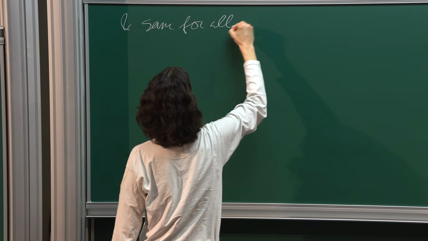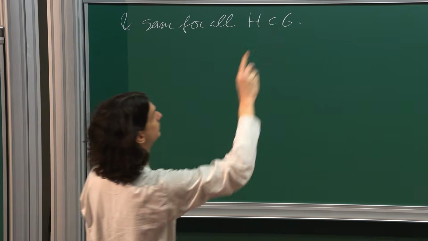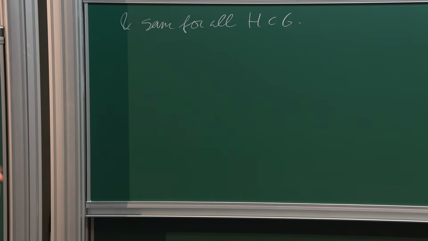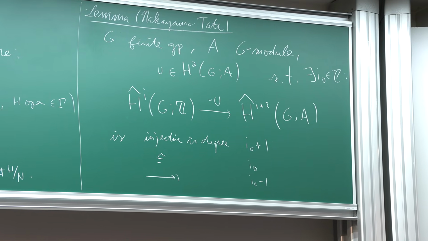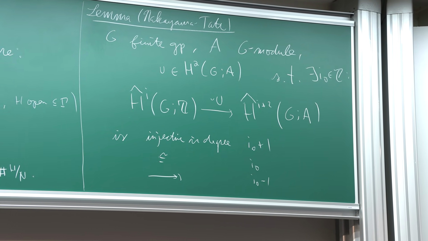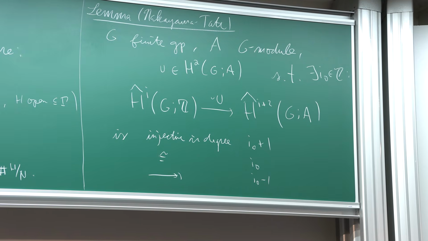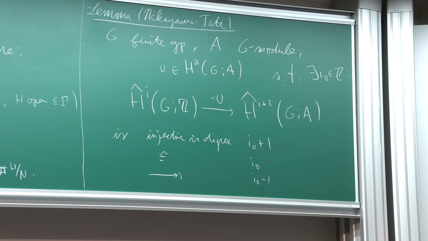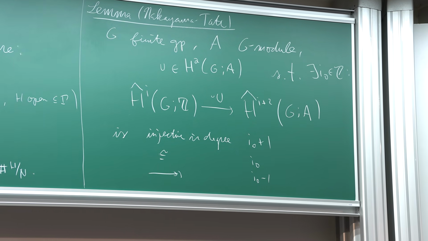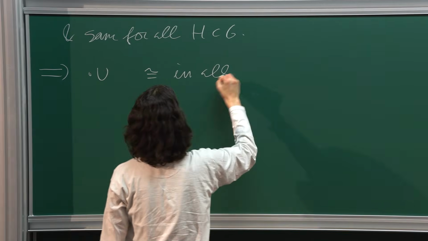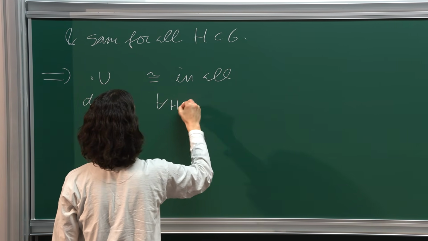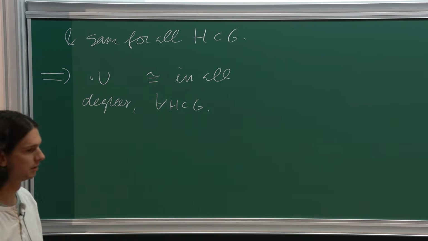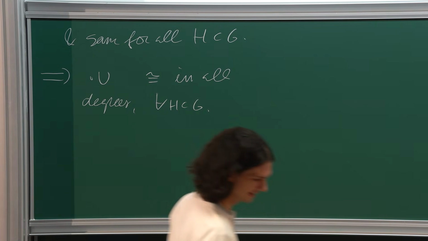In other words, if we take our u, we can restrict it to a cohomology class in H, and we can take H-Tate cohomology for any subgroup H. And we also demand with the same i0, that's not so important, but that we have the same hypotheses of injectivity, bijectivity, and surjectivity. Then this cupping with u is an isomorphism in all degrees, for all subgroups. G is finite. Oh, sorry, yes.